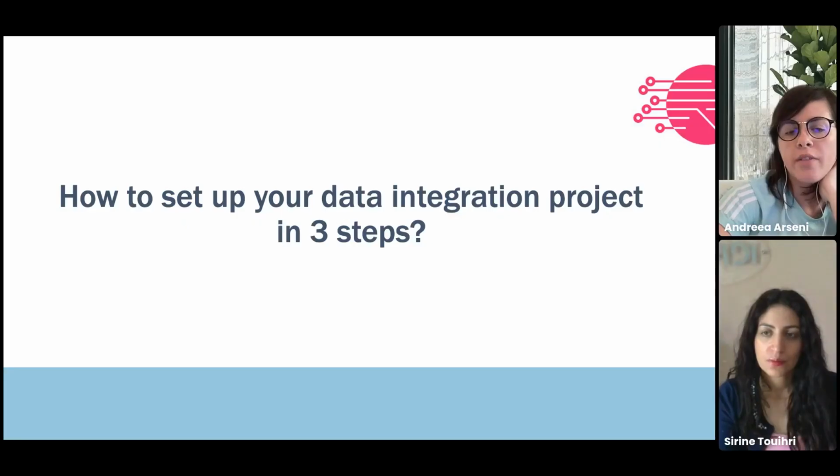As soon as you have that clarified, then you have to connect your systems. We have to be able to connect to them and have the right permissions. Whenever you want to build an integration, you need to have the right permissions and make sure that we can read that data from those systems. That's a very important step.